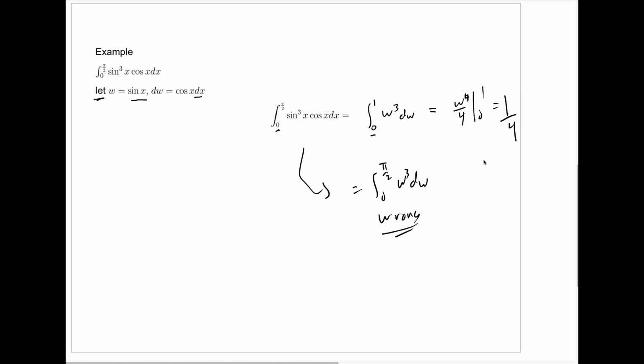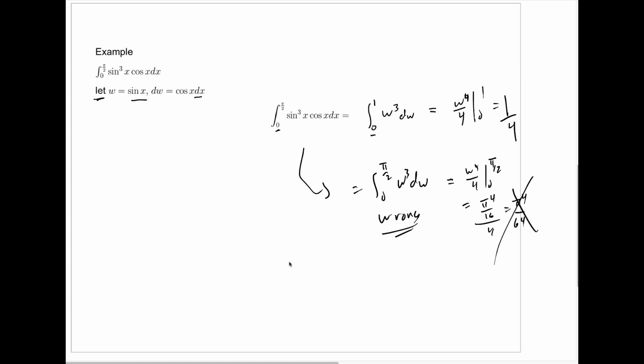This has an answer. This integral is properly evaluated as w to the 4th over 4 from 0 to pi over 2, which is pi to the 4th over 16 all over 4. That's pi to the 4th over 64, which is totally wrong. So don't write that this integral is equal to this integral.